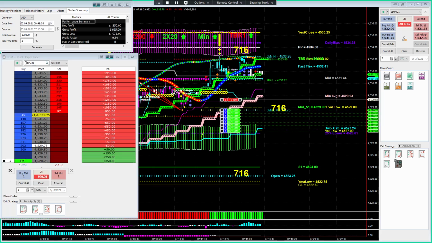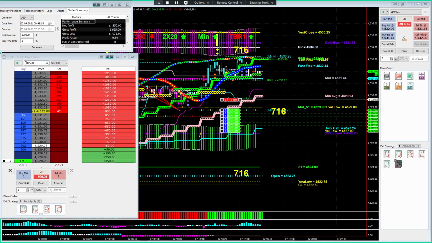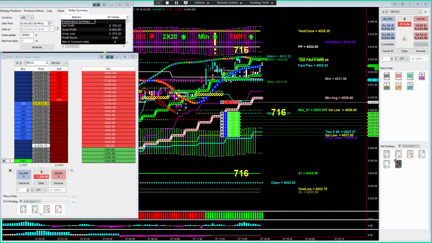The longer it goes sideways, the more the minute average is going to move up, which is going to challenge our exit points.